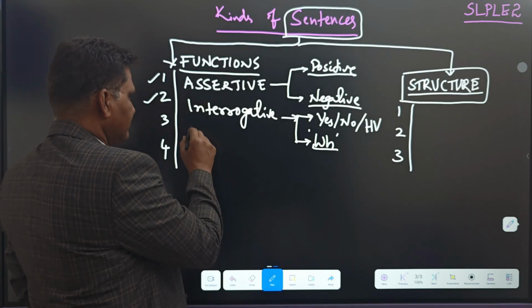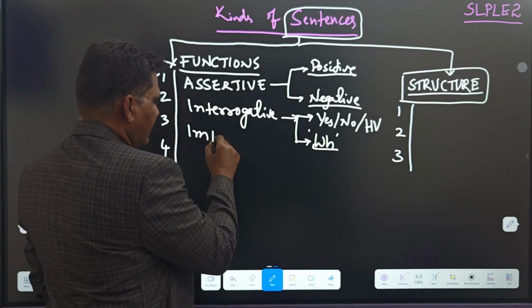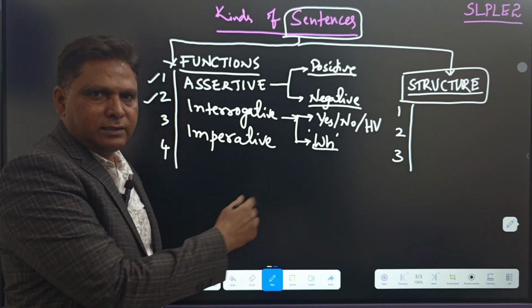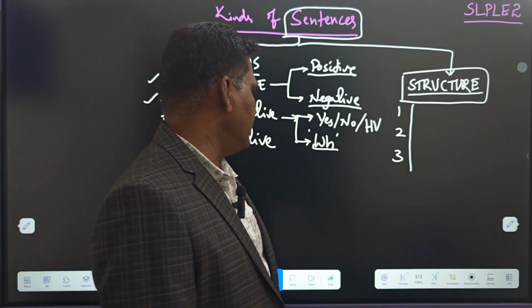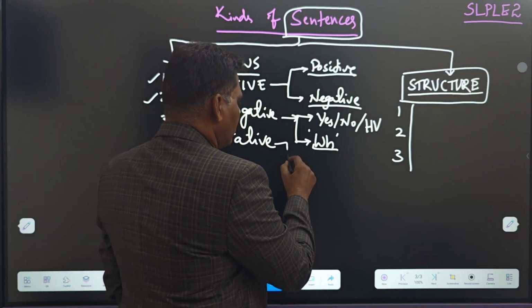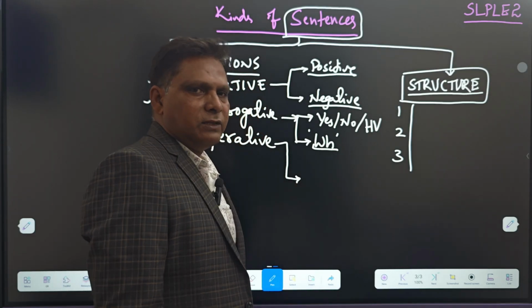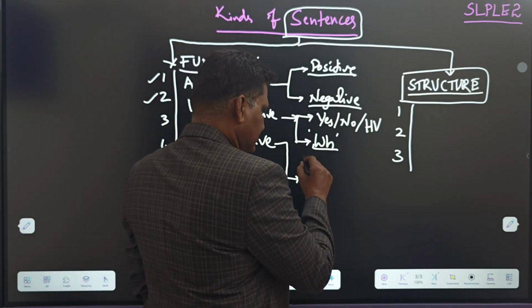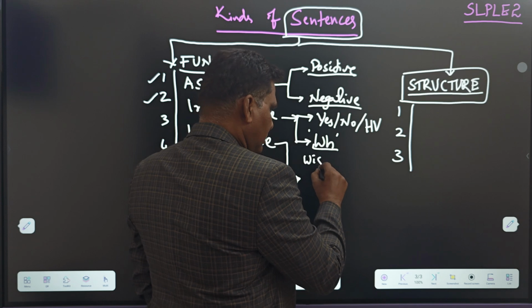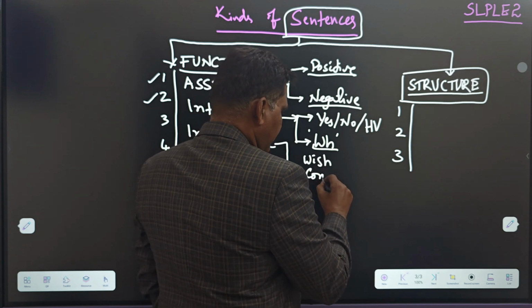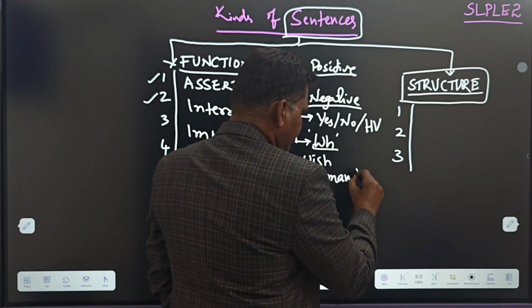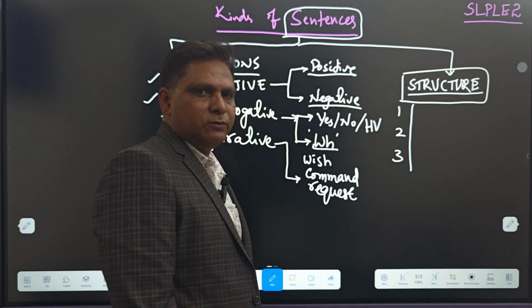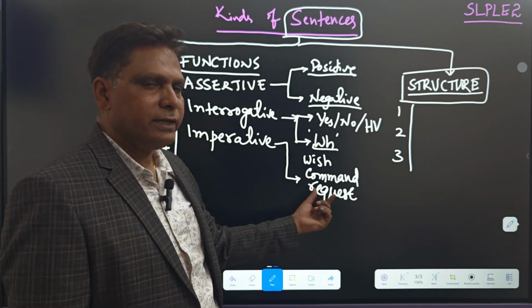And the third one is imperative. And there is no other bifurcation for this one. But when you talk about imperative, the function of this type of sentence is to express or to talk about a wish, to express a command, or to give a sentence that talks about a request.